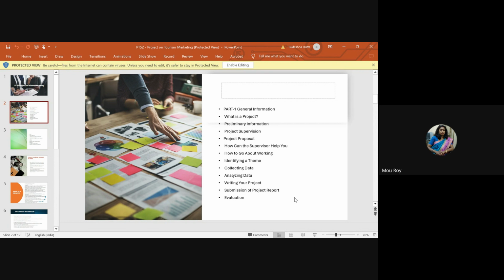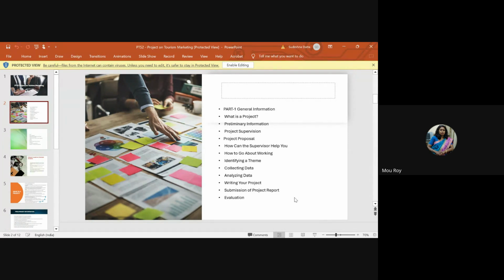So you have to collect data also. One is primary data and another is secondary data. Primary data means collecting the information directly from people.